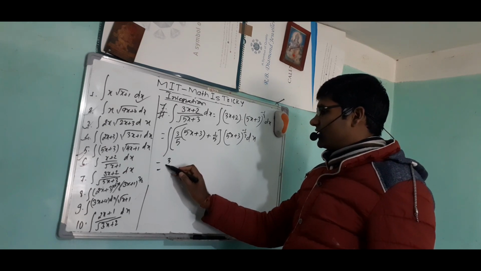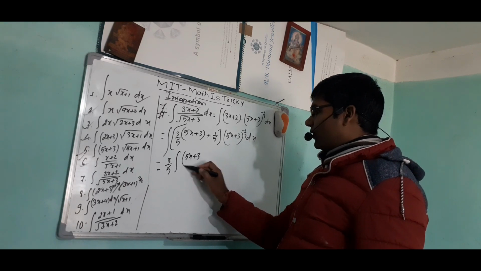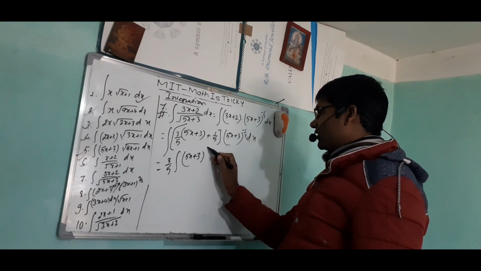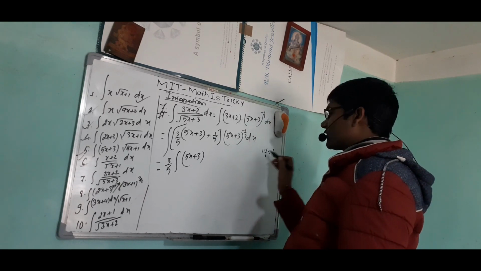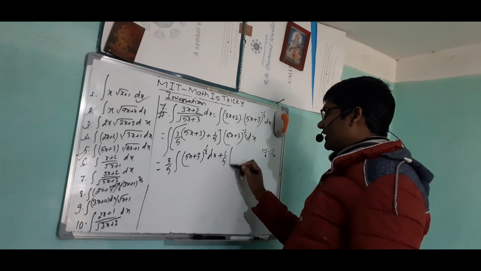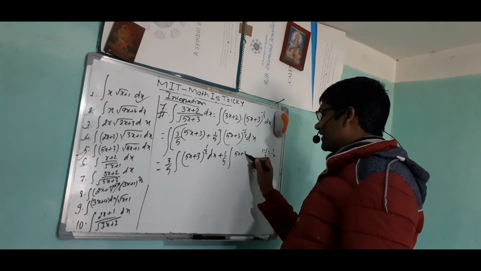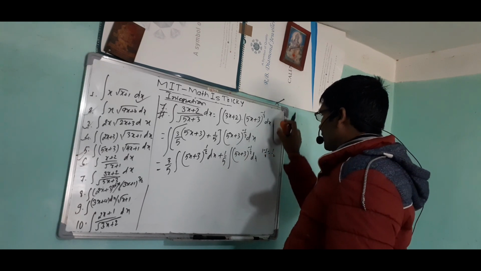Now let's simplify this. (5x+3) to the power 1, and here minus 1/2, so 1 minus 1/2 is 1/2. So 3/5 integration of (5x+3)^(1/2) dx plus 1/5 integration of (5x+3)^(-1/2) dx.